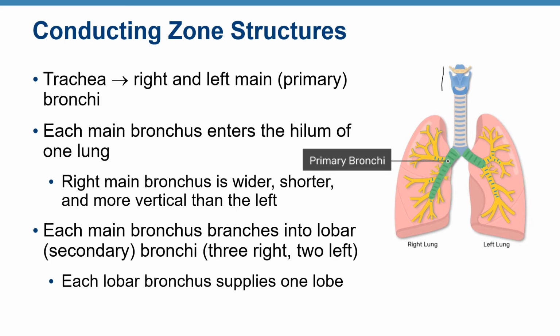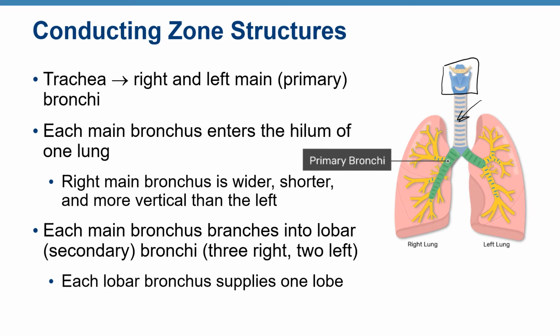So here's our larynx and the trachea. And then trachea bifurcates into right and left primary bronchi, and each bronchus enters the hilum of one lung. So hilum will be this area over here, where actually primary bronchi, blood vessels, nerves enter the lung.